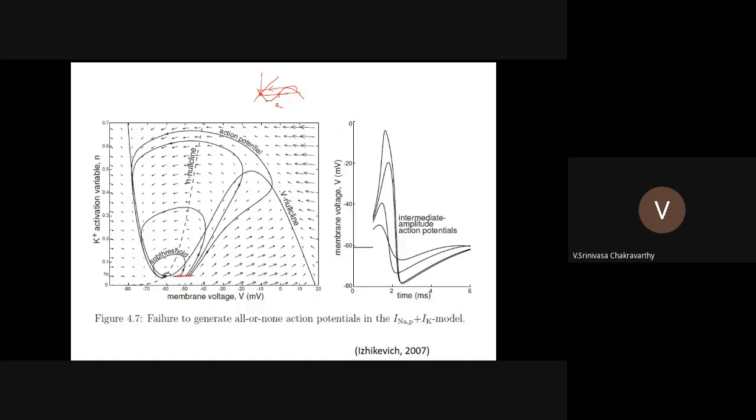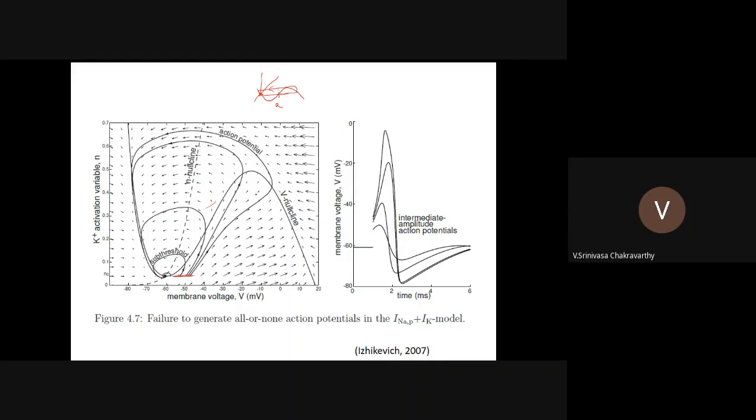One more thing about the FitzHugh-Nagumo model is that the W dynamics is much slower. That is, the b and r values are very small, so most of the flow is horizontal. That's why there is some kind of a threshold in voltage. But in this case, it is not the case. The flow along horizontal and vertical lines is comparable.